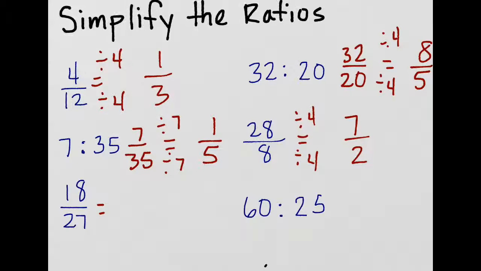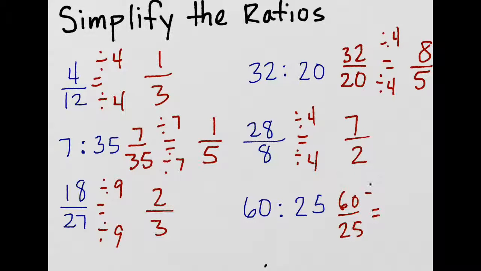This next one, 18 over 27. The greatest common factor is 9. 9 goes into both 18 and 27. 9 goes into 18 2 times, and it goes into 27 3 times. So my ratio is 2 to 3. This last one, 60 over 25, you might notice just by looking at it that one ends in 5, one ends in 0, and that gives us a big clue about what our number is.